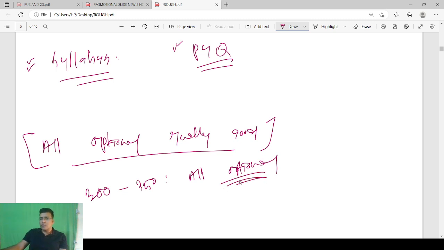There is no problem with it. If you are the single one in the law optional, people are not getting marks, but yes, you can if you write a good answer. So all optionals give you good marks. It is up to you. You can take your optional based on some points.